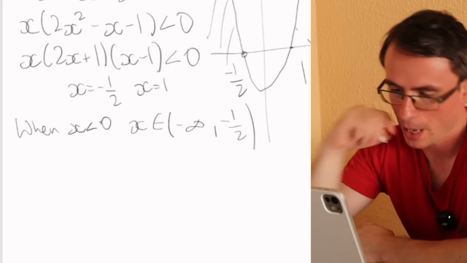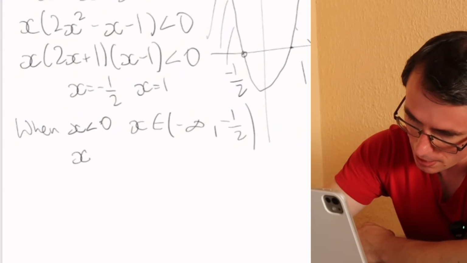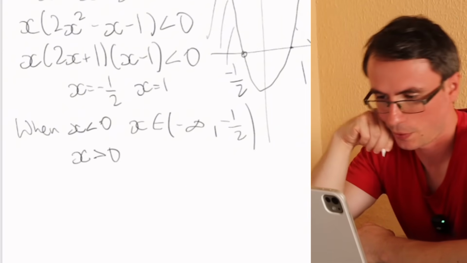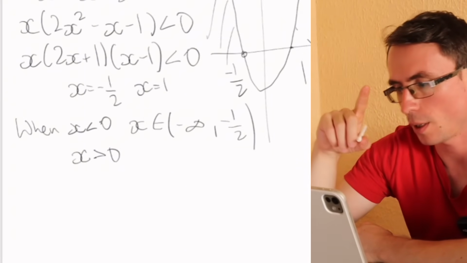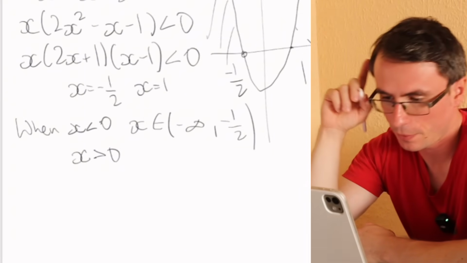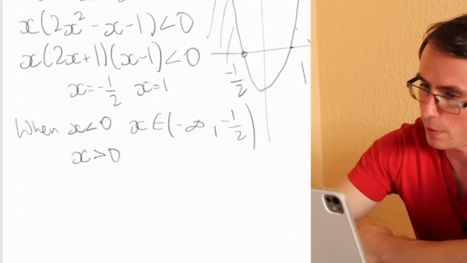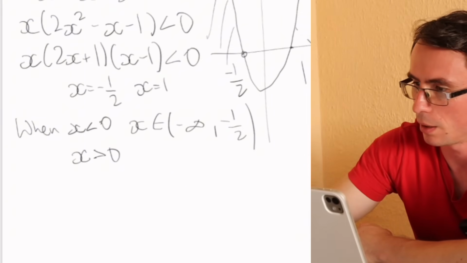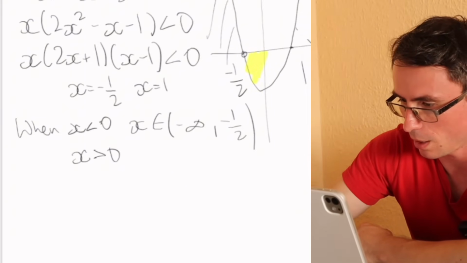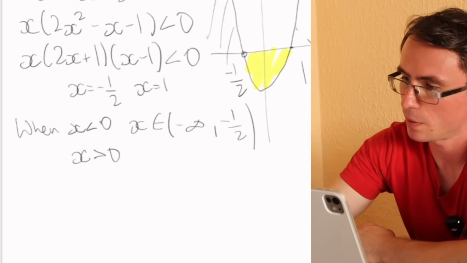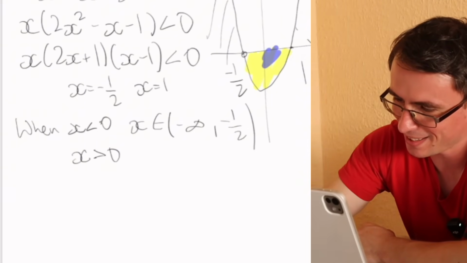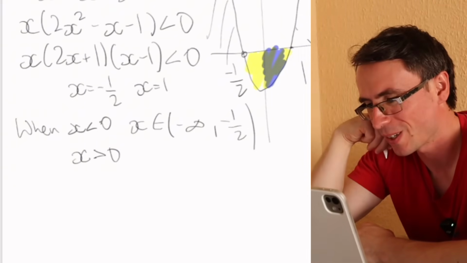I think that's right. Now, if x is greater than 0, that would mean that the function will need to be negative. And if the function is negative, it needs to be in this region over here, right? But x is greater than 0 only in this region of the function over here.